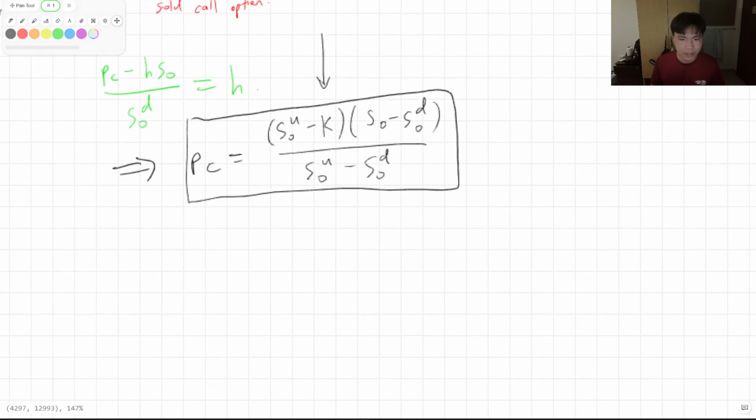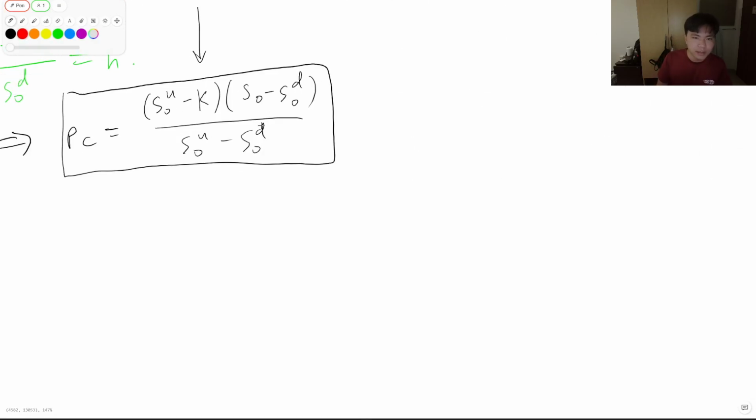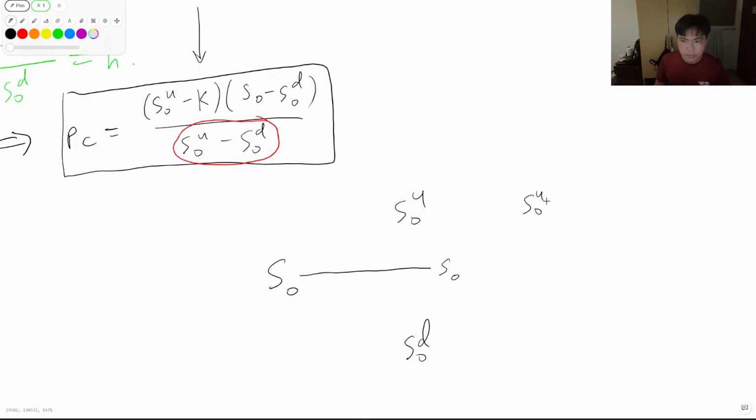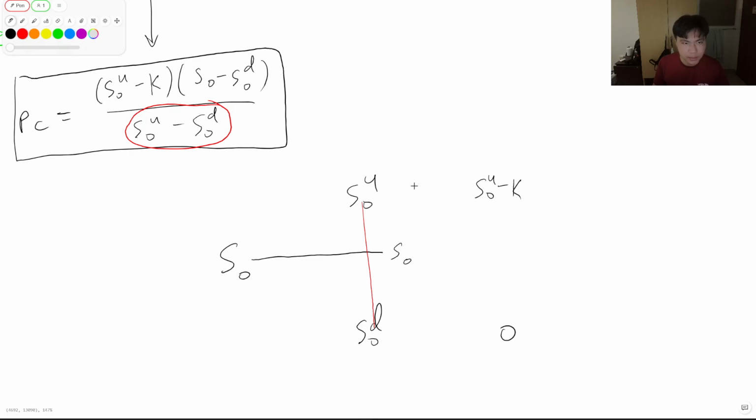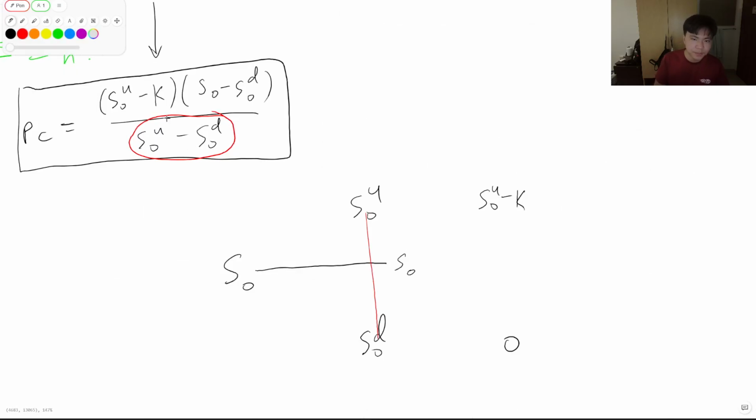So if we look at this formula and stare at it for a bit, we see that there's a denominator here, and I'm going to repeat the same diagram. So it's S naught, and what do we see here? The denominator in this case is the difference between S naught U and S naught D, the difference between the two prices possible, whether it's uptick or downtick.